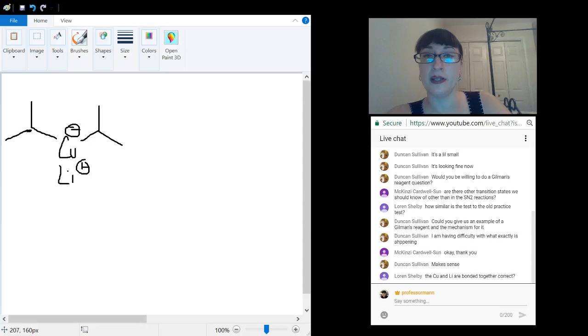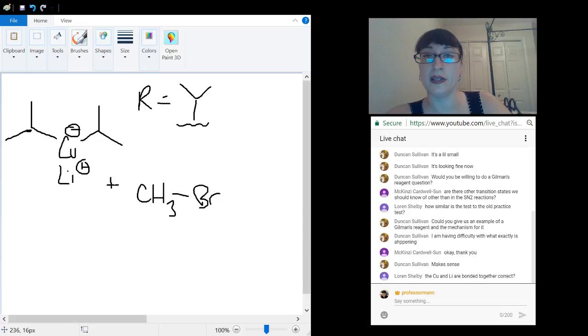So, anyway, our group in this case is going to be that, attached to something. And then let's just put this with something small, like a methyl group. There we go. That'll be easier to see.